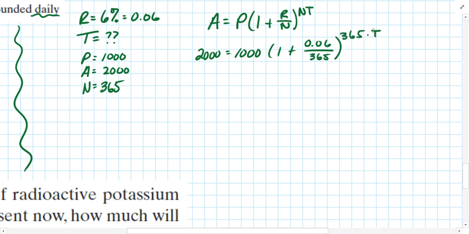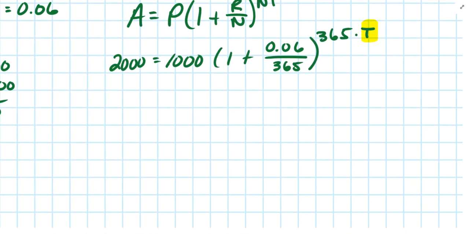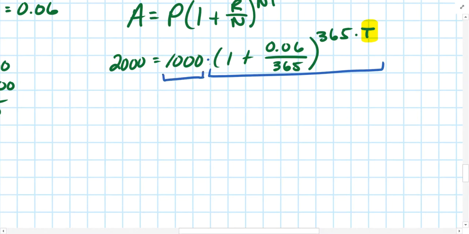Here's where our newest logarithm rules are really going to pay off for us. The unknown variable is here in an exponent. This is going to be hard to solve without the use of logarithms. Now keep in mind that we have the number 1,000 acting as a coefficient that multiplies by this whole group.